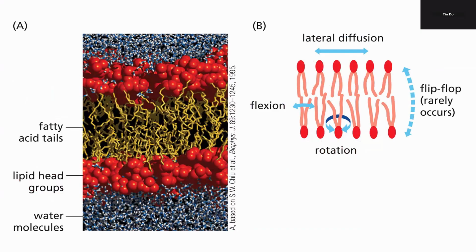So the next thing we've got to talk about is understanding that the lipid bilayer is fluid. I just said this a couple slides ago. It's moving constantly back and forth through lateral diffusion. It's also rotating.